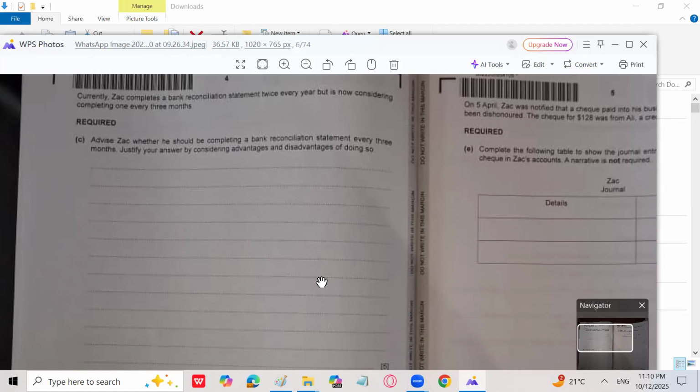But for having good cash flow management, to maintain accurate financial statements, to avoid fraud and errors, and for effective tax reporting also, it is always better to prepare the bank reconciliation after every 3 months, because that is obviously a better option for the accounting department or business owner.